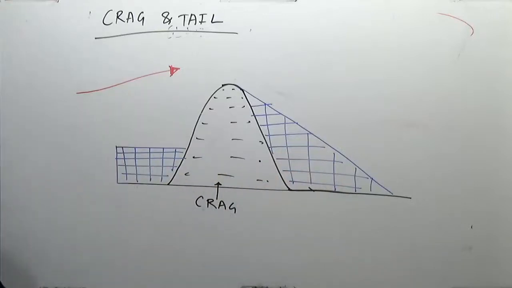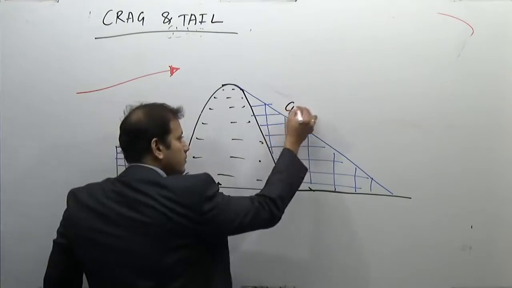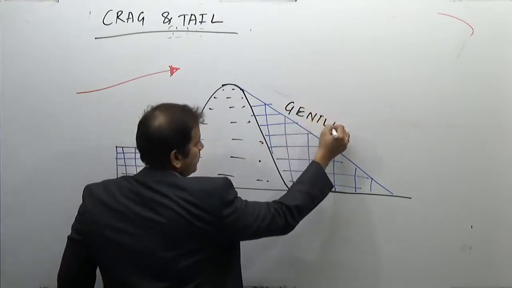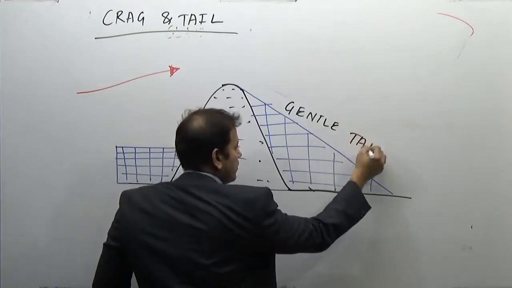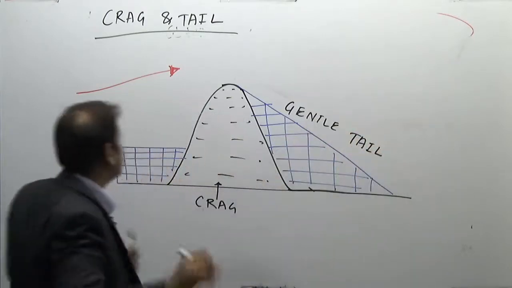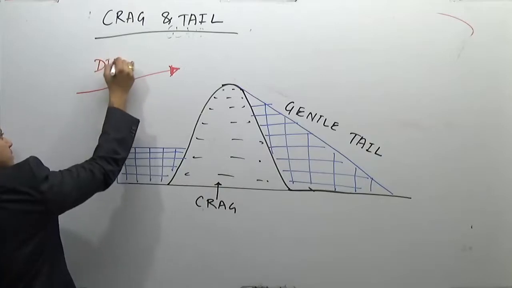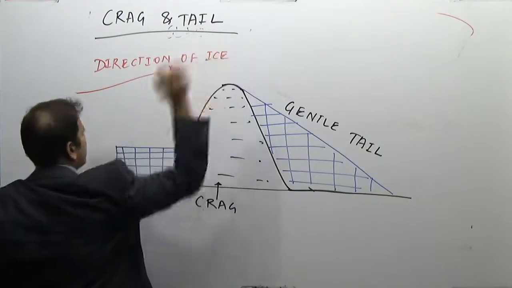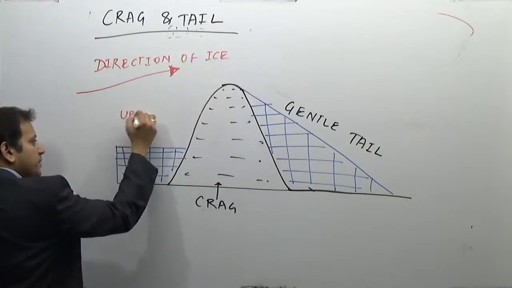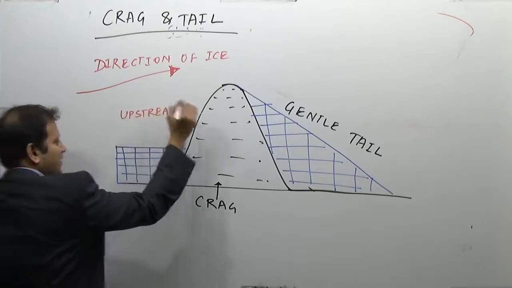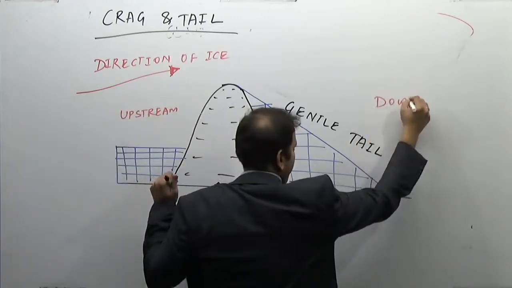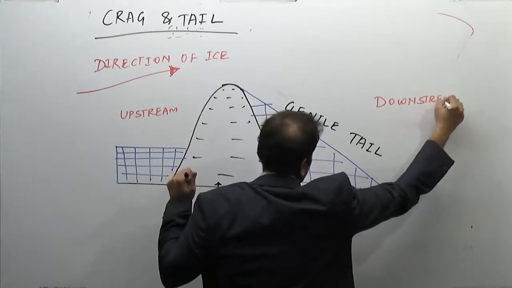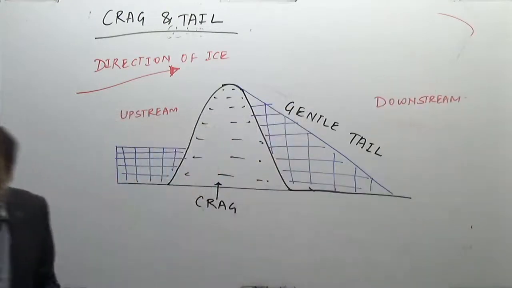So this is crag and tail. And this is the direction of ice movement. This is the upstream side and this is the downstream side.